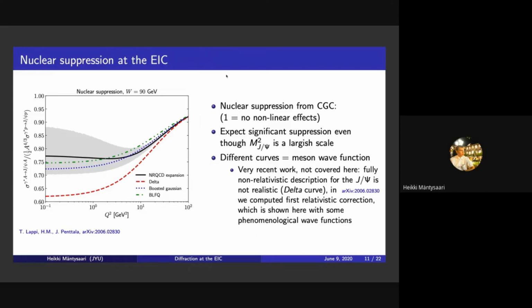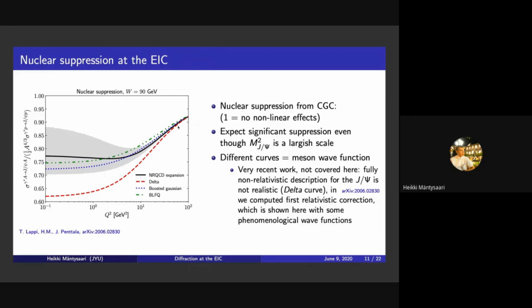So, okay, this is the nuclear suppression slide I showed. It's not a huge effect, it's a 20% effect. If you think about the photon and J/psi overlap, in most of this overlap you are clearly probing too large scales or too small distance scales to be sensitive to nonlinear effects.